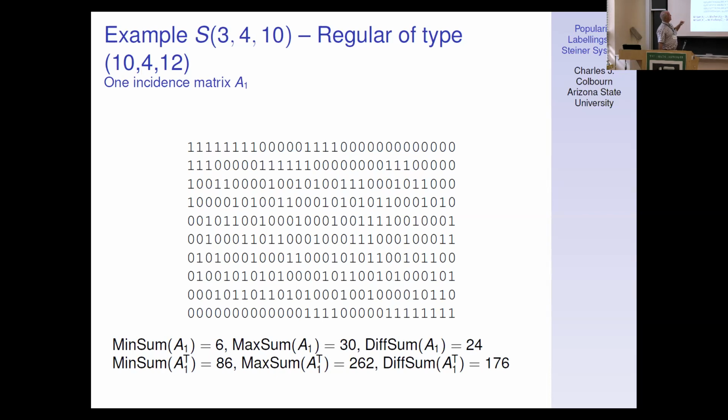The max sum here is 30. And I can calculate now, because I'm looking at a specific incidence matrix, that the diff sum between the largest and the smallest is 24. When I do the opposite and look at the rows now, the min sum for the transpose matrix is 86. The max sum is 262, and the diff sum is 176.